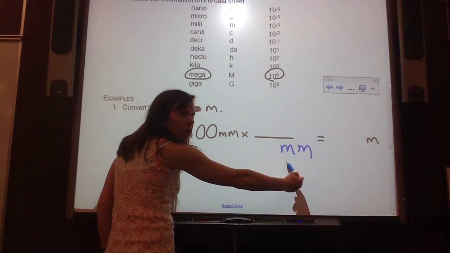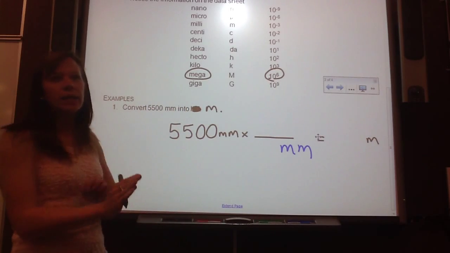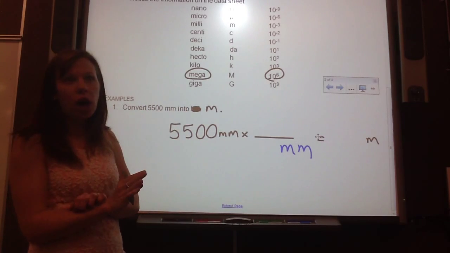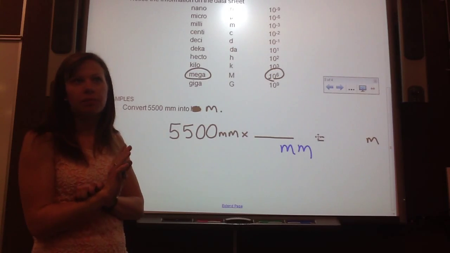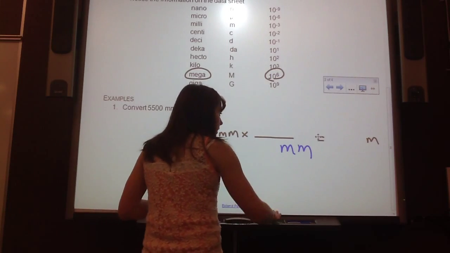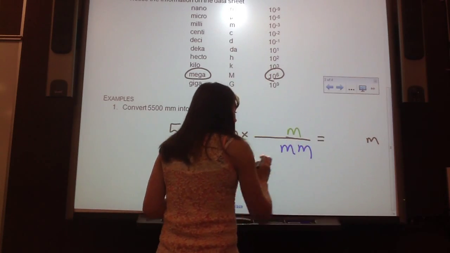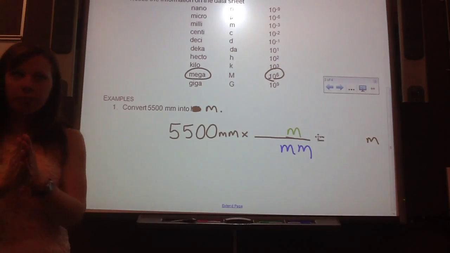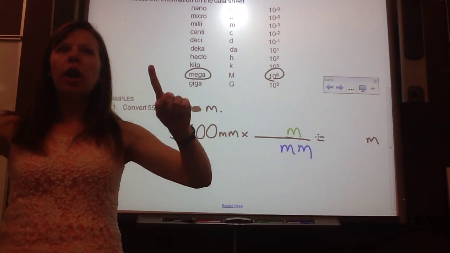See that? Now, if I want to end up with meters on the top, what needs to be on the top of my fraction? Meters. So that's how you set up what needs to be on the top and the bottom of the fraction. You think to yourself, what do I want to cancel out and what do I want to have?